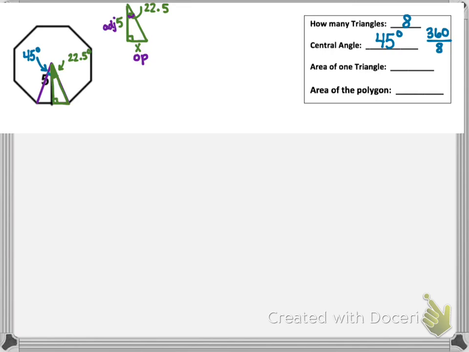So since I'm using opposite and adjacent, that means I have to use tangent of my angle, 22.5. And remember, it always goes over 1, equals opposite over adjacent, X over 5. So then I'll cross multiply. 1 times X is X. And then I'm going to take 5 times the tangent of 22.5.